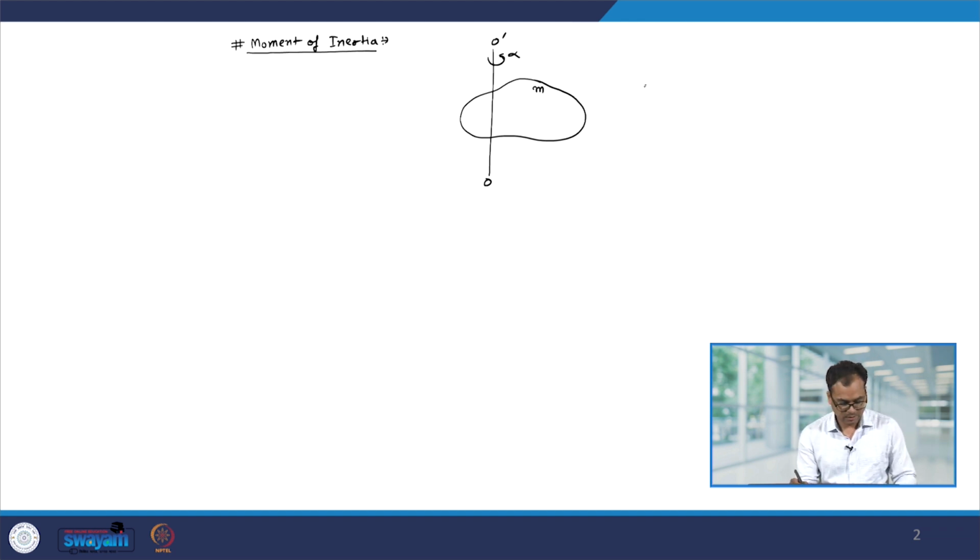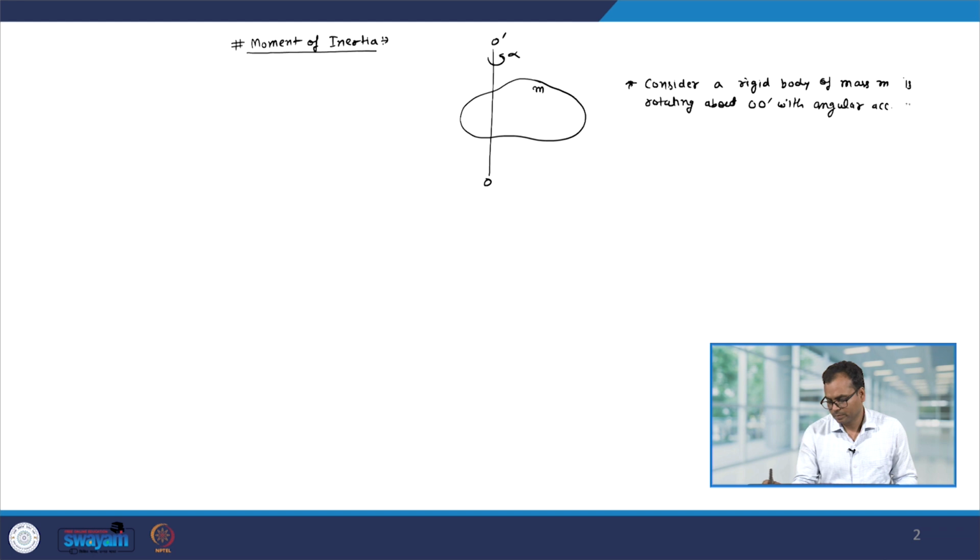Then, as I said, this rigid body of mass m is rotating about O prime with angular acceleration alpha.